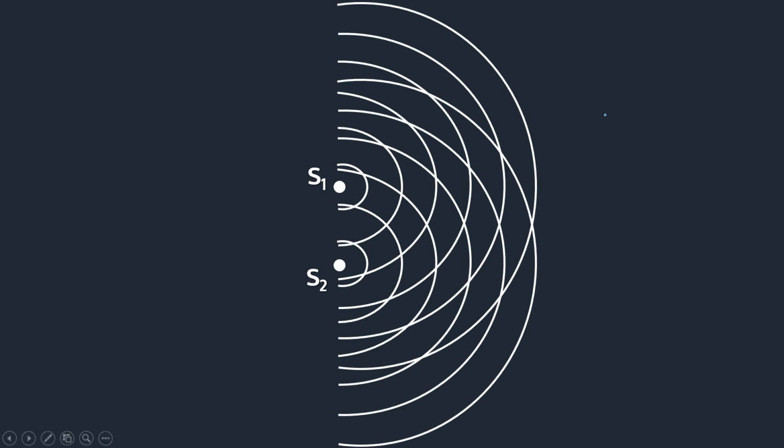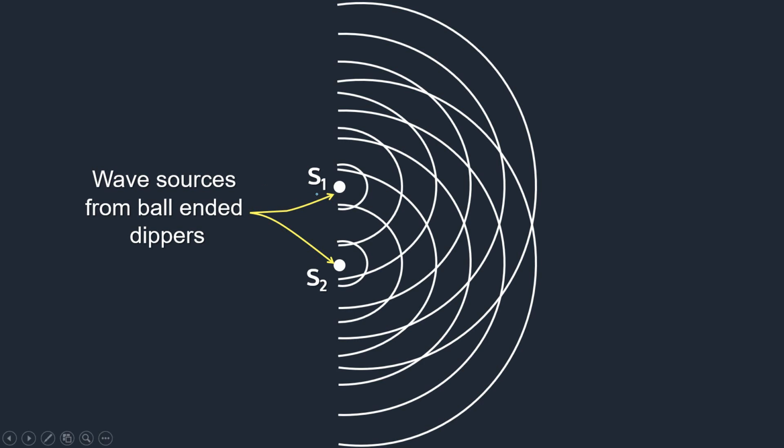Let me talk about the second scenario, then I explain further. So we are saying that these 2 here are the wave sources from ball-ended dippers, or you can call them spherical dippers. On the other hand, we can just use a barrier that has 2 slits. So they have to be of equal size.